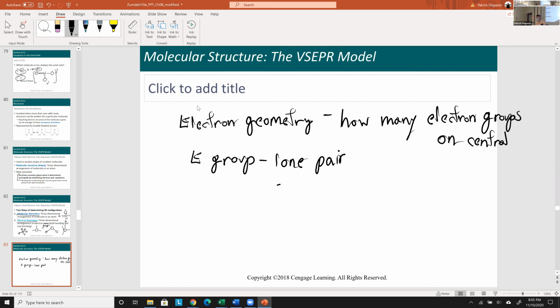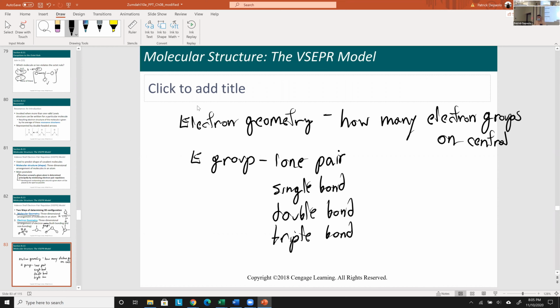An electron group could be a single bond. An electron group could be a double bond. And an electron group could be a triple bond. So all of those things count equally as electron groups.